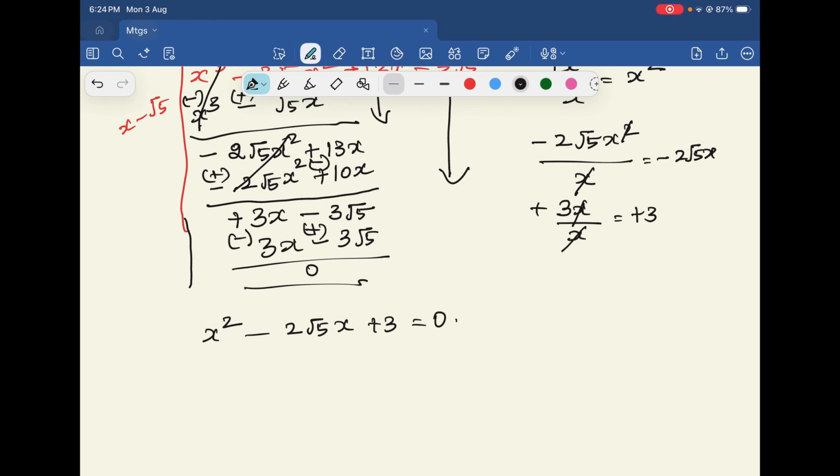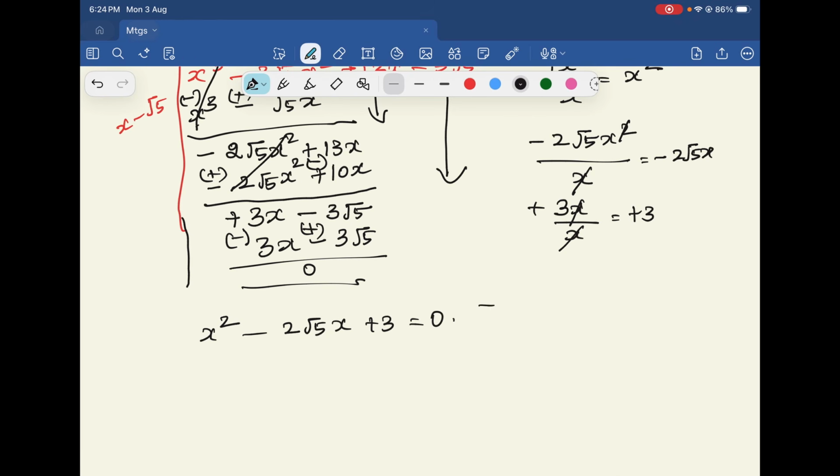To find the other 2 roots, if you multiply the 2 roots, you have to get plus 3. Then you have to add, you have to get minus 2 root 5. So suppose if I make minus root 5 and minus root 5, then it is minus 2 root 5.